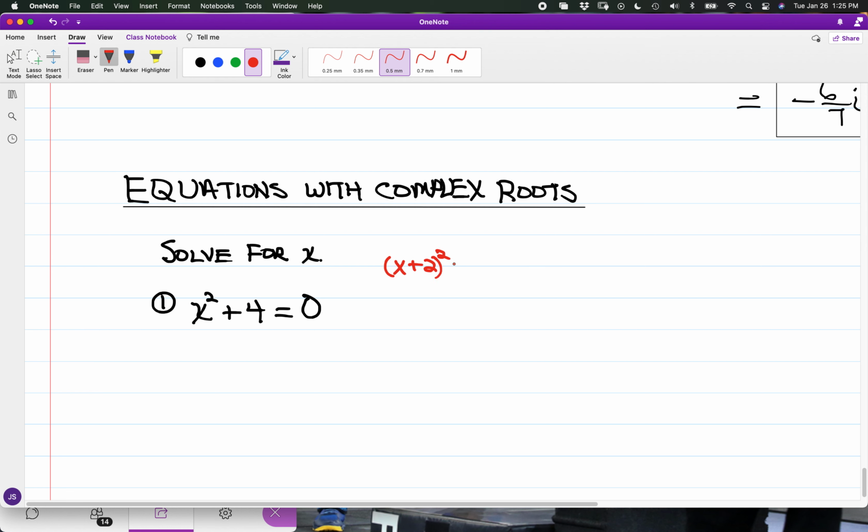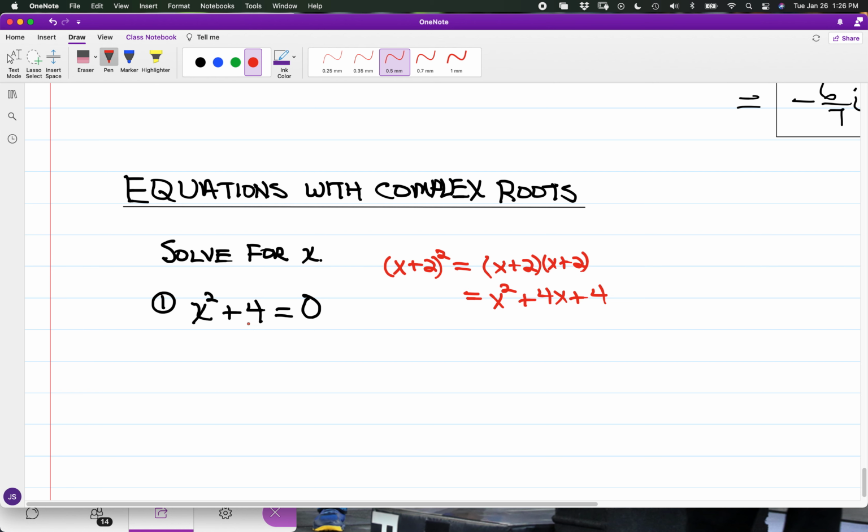If I have x plus 2 quantity squared, now it's true that the output will have x squared and 4, but the outside and the inside products will not cancel each other. So once you combine everything, you have not just x squared plus 4, but x squared plus 4x plus 4.